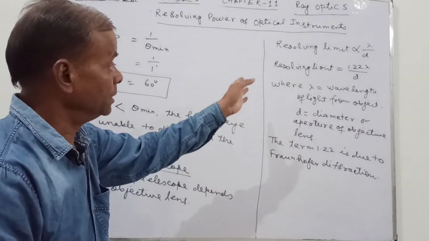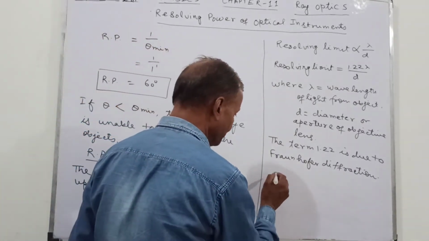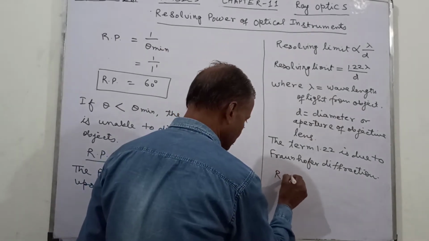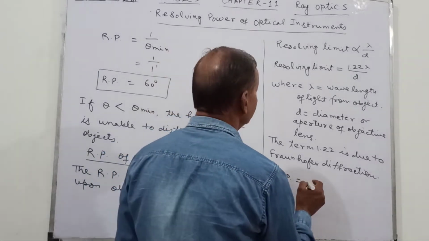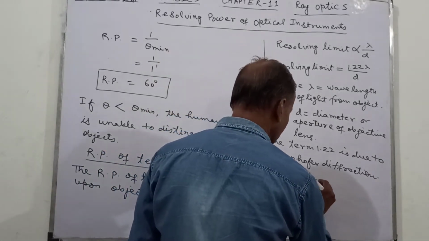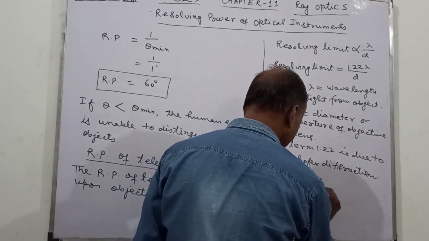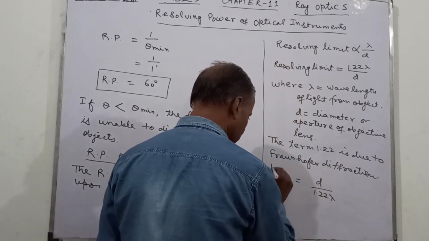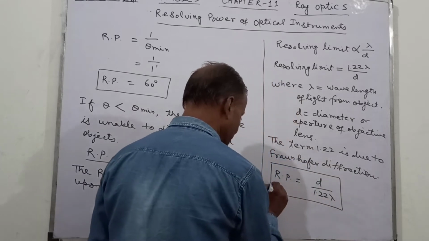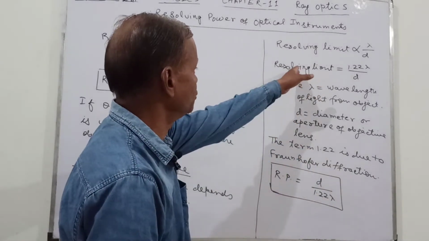Therefore, the resolving power will be d upon 1.22 lambda, just the opposite of this one.